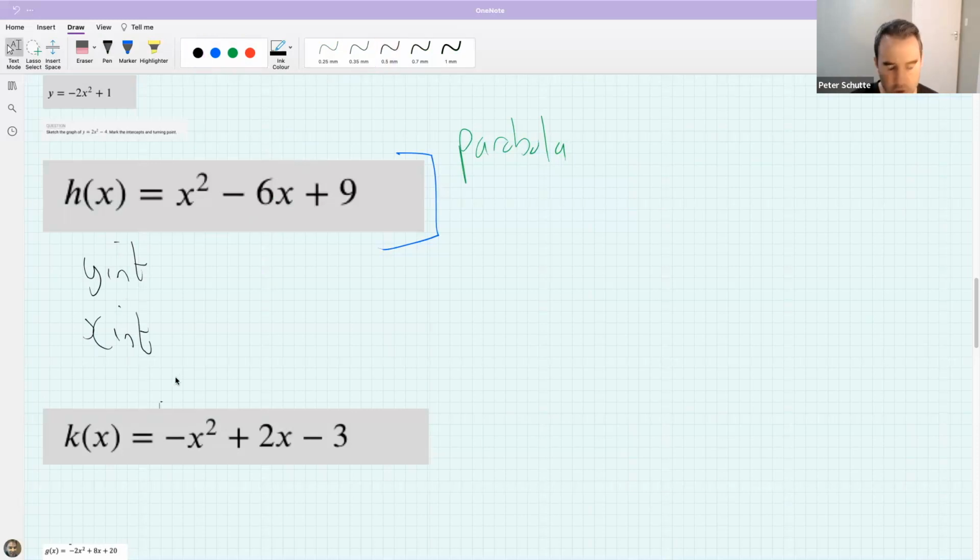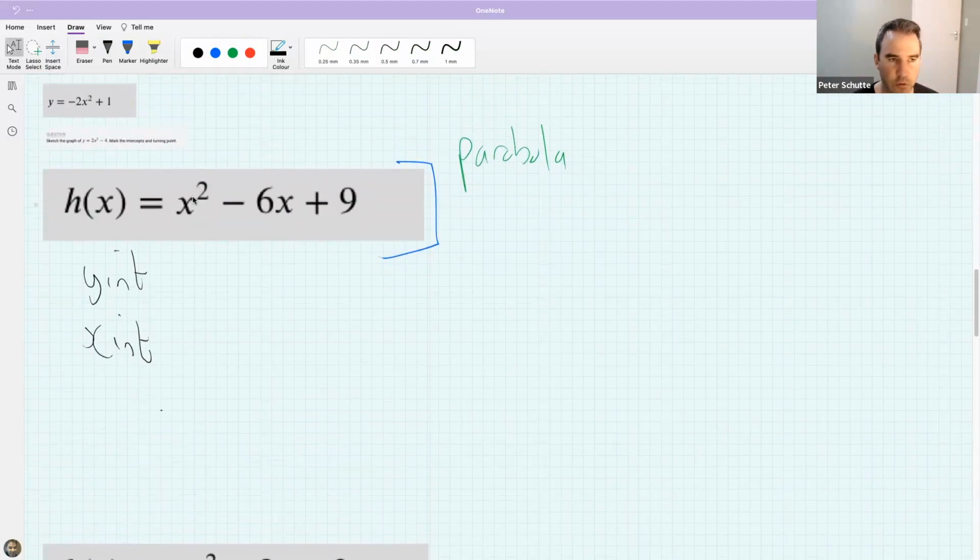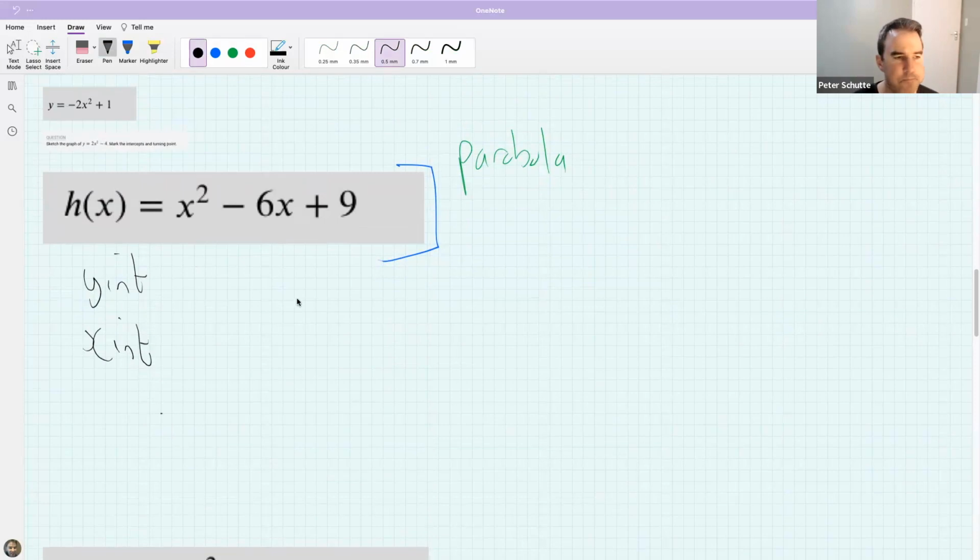So would you feel comfortable doing that? Or what is the approach we normally use when we find the x and y-intercepts for any function for that matter? For x and y intercept, when we calculate y, we need to make x 0. And when we calculate x intercept, we make y 0.